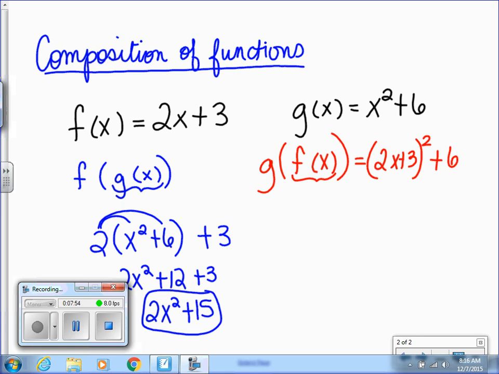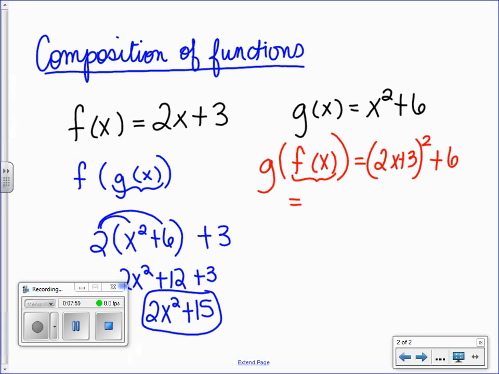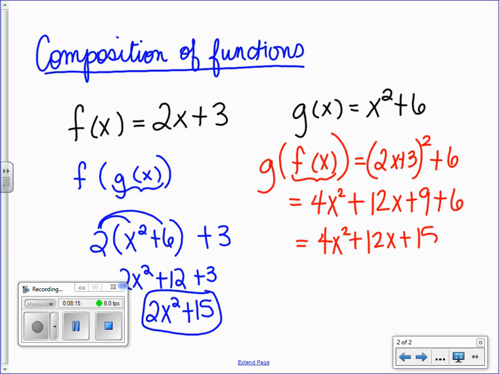Okay, 2x plus 3 squared is, it's a Monday morning, but I'm going to try and do this in my head. 4x squared plus 12x plus 9 plus 6, which is not the same.